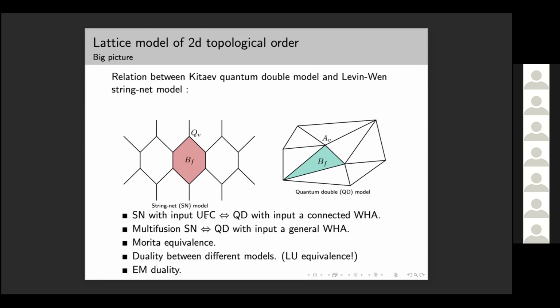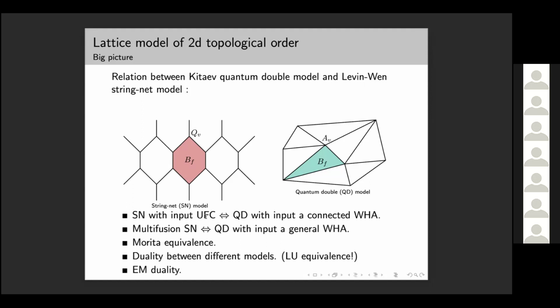And for the quantum double model, we know that for any unitary fusion category, there always exists a connected Hopf algebra such that the representation category of this Hopf algebra is this UFC. So in this sense, the string-net model with input data UFC is equivalent to the quantum double model with input a connected Hopf algebra.